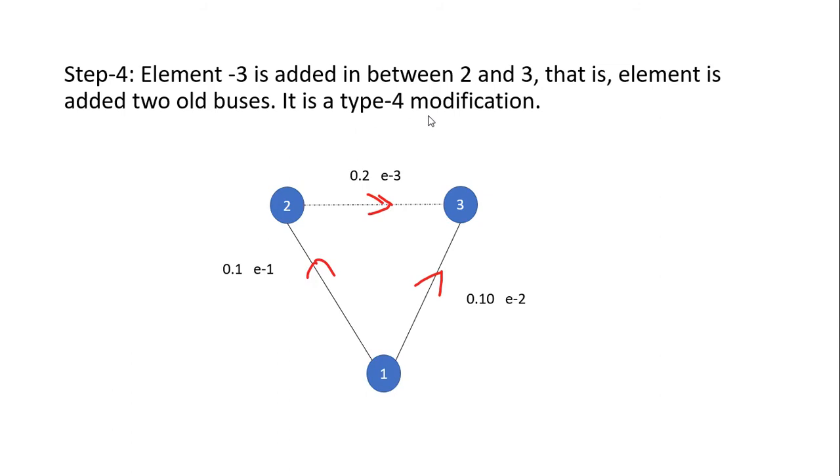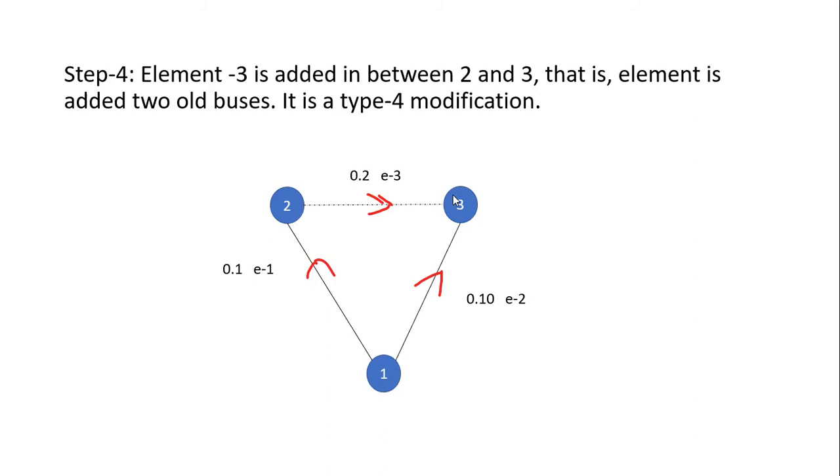If the element is added between two old buses, it is considered as a link. In type 3 and type 4 modifications, the elements are added as links in the graph.